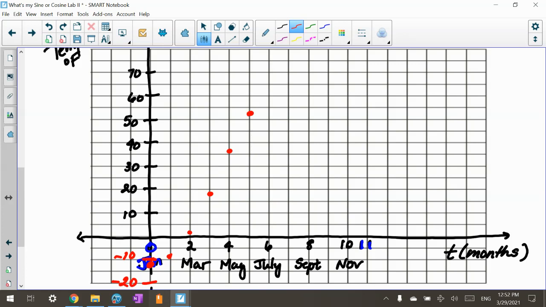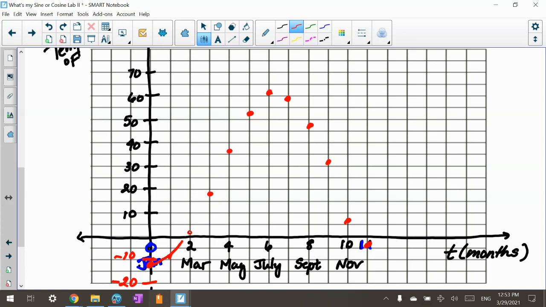And remember, this is an approximation. 6 is 61.3, about right here. 7 is 59.9, about right here. 8 is 48.8, about here. 9 is 31.7, about here. 10 is 12.2, about right here. And 11 is negative 3.3, so that's going to be right in here, kind of on the 11.